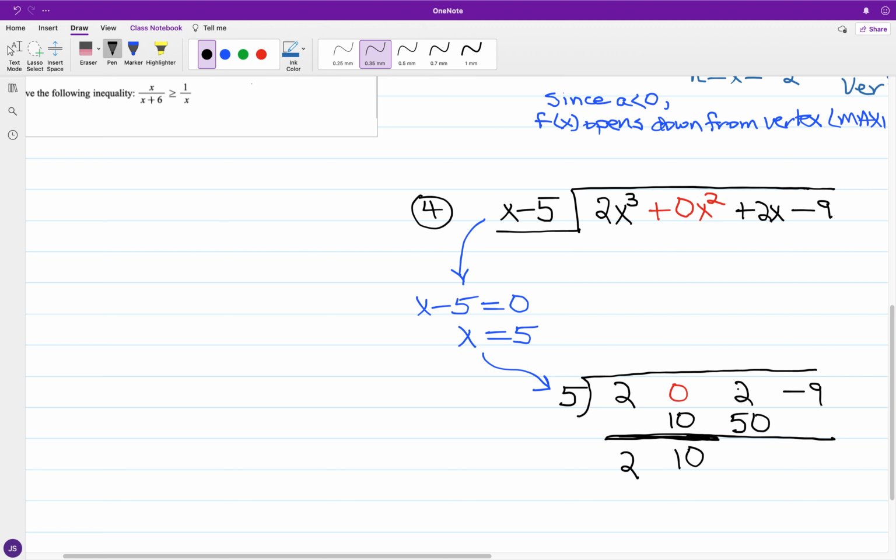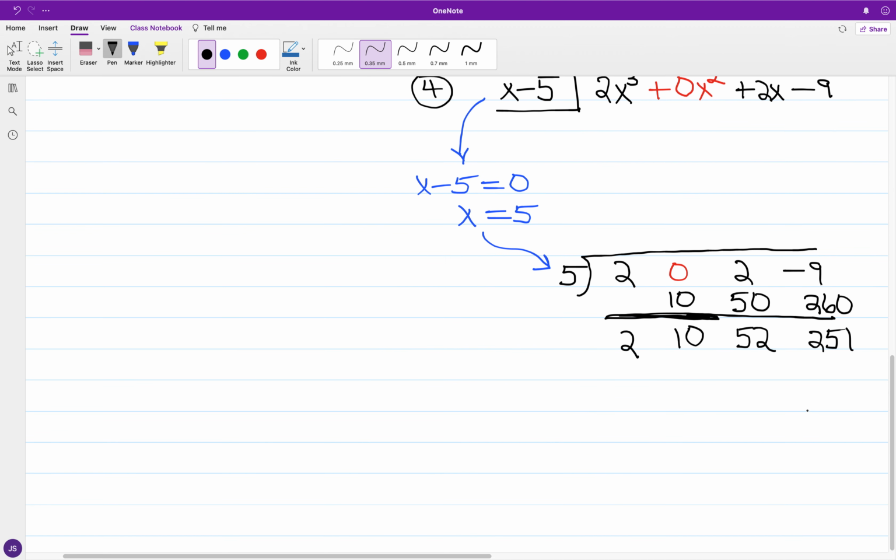And we have 2 plus 50 is 52. These numbers are getting larger here. 5 times 52 is going to be 260, and negative 9 plus 260 is 251. For what these totals represent, the number 251 is going to be the remainder.